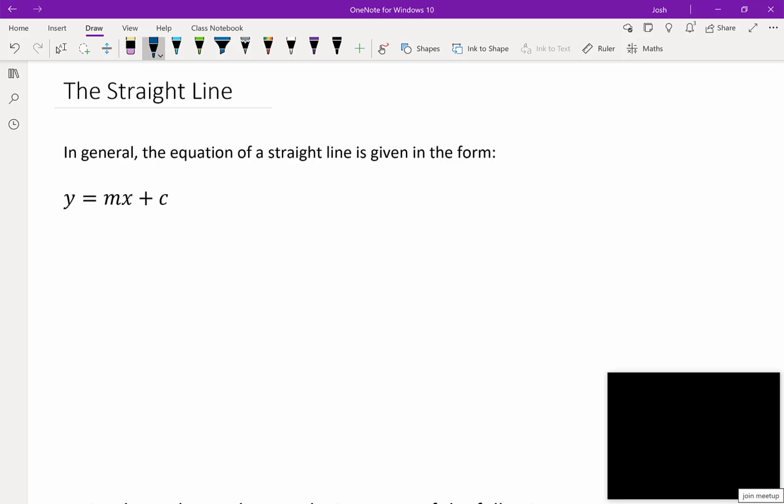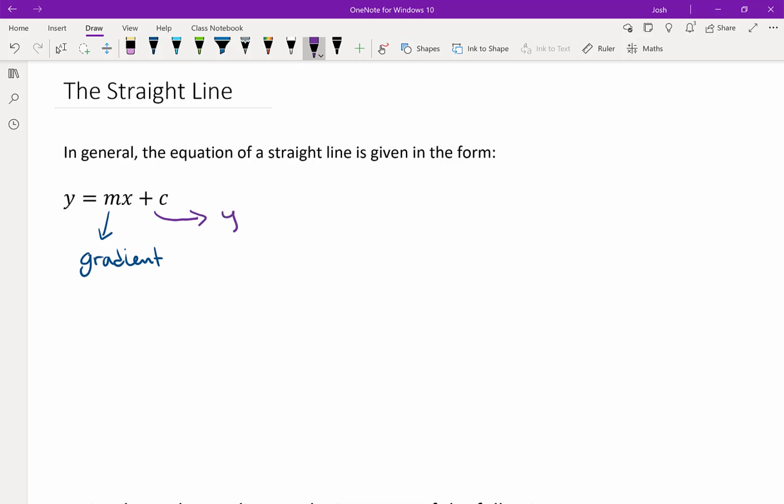When we have it written in this form, there are a couple of really useful things we can take from it. So this is y equals mx plus c. The m here tells us the gradient of the line. Again, remember the gradient is just the steepness of the line. This plus c bit here tells me the y-intercept.